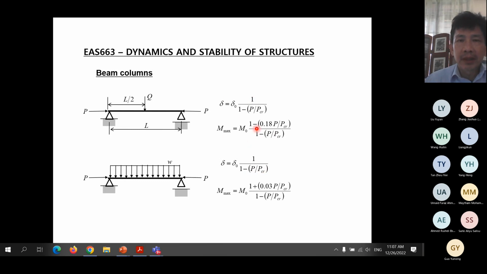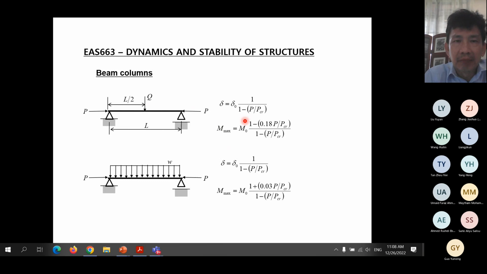But before that, let me stress that for beam columns, the effect of the presence of axial force in the member, together with the primary action of load causing bending, is that the deflection, in this case delta here, the maximum deflection, and the corresponding maximum moment at this midspan, will be amplified.